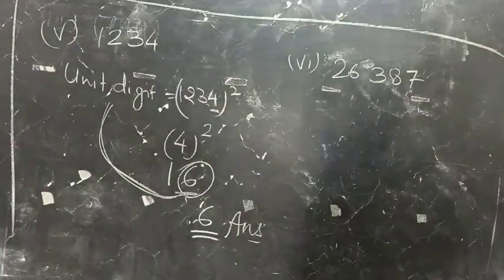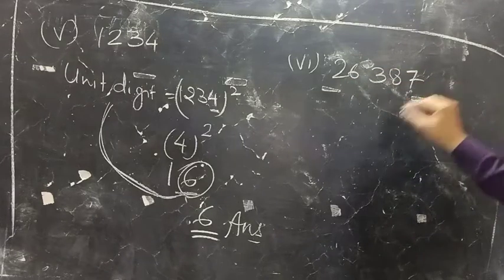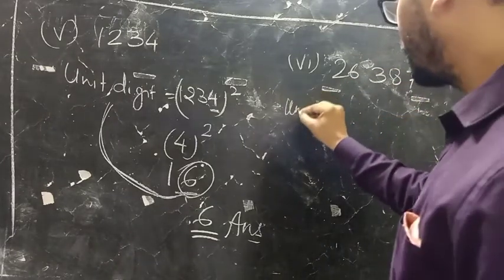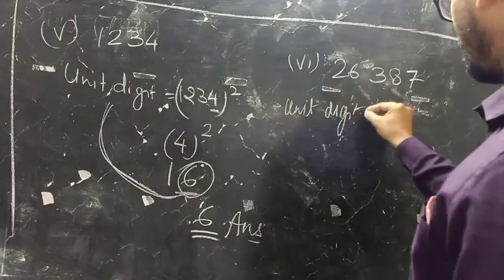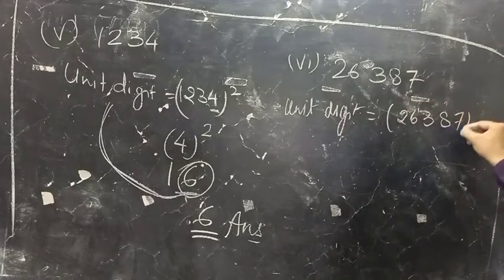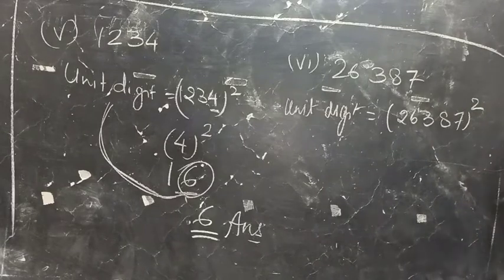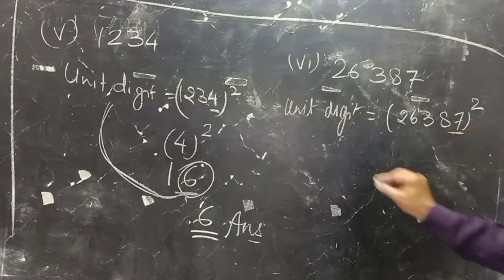Similarly, the unit digit of the square of 26387. Now, what is the unit digit here? 7.